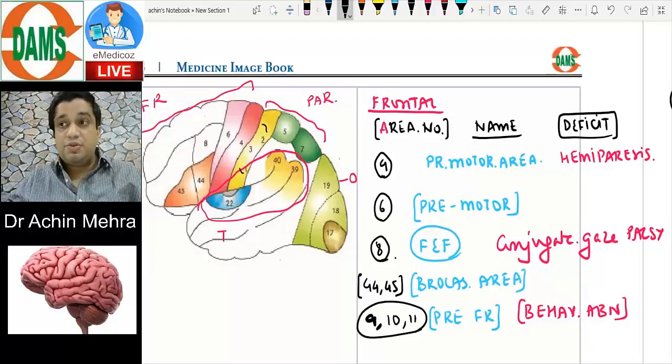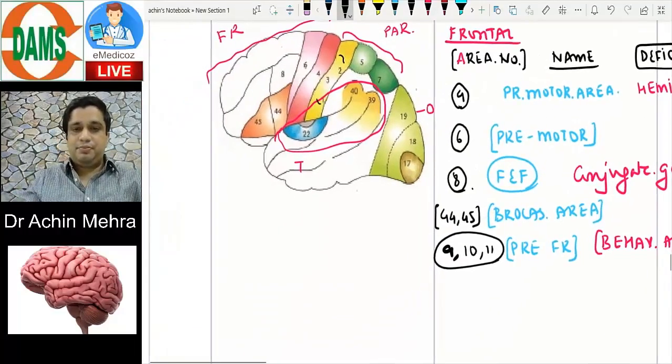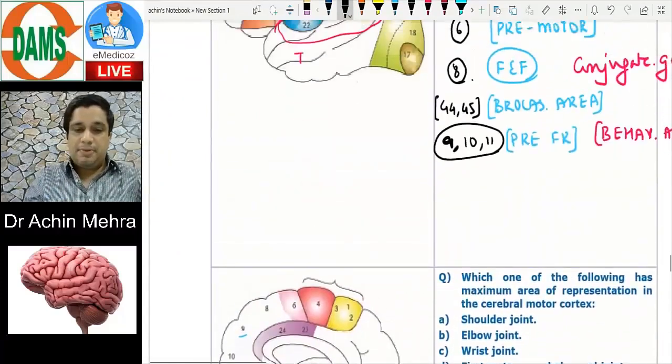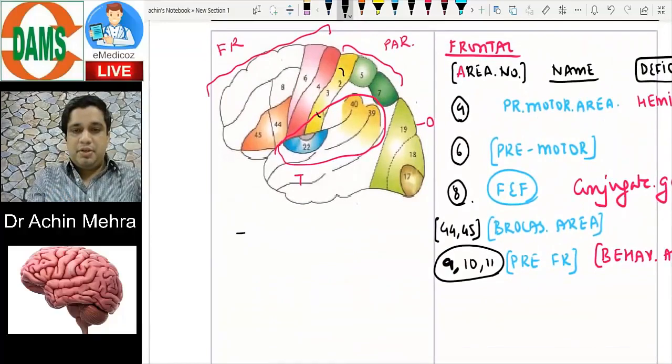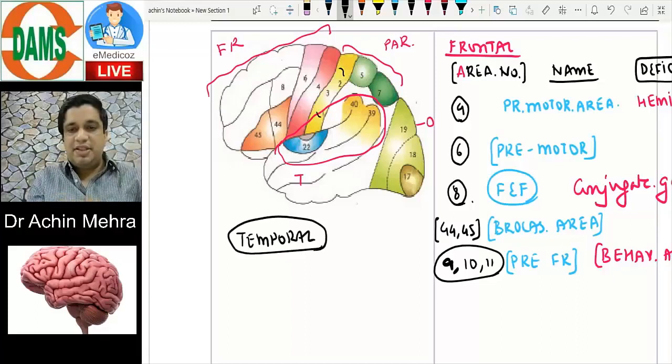Now let's go to the temporal cortex. 39 and 40 and 22 also. Like this, 22 more than 39 and 40. Why?